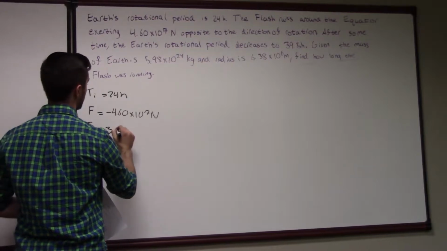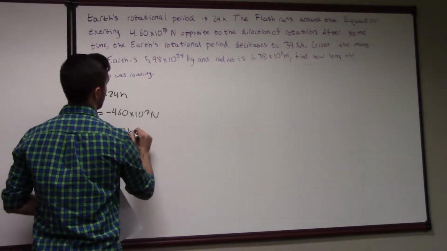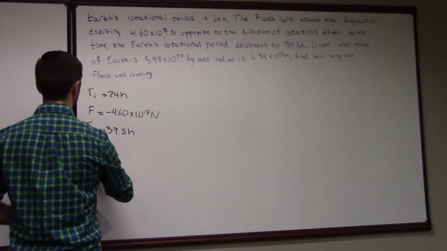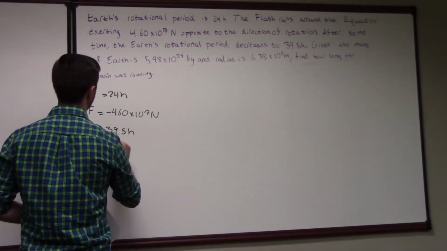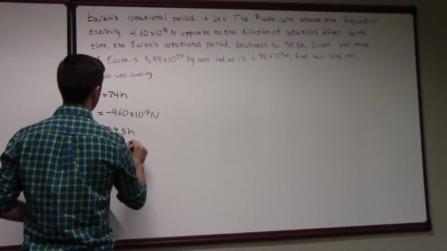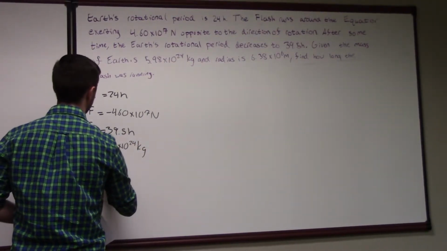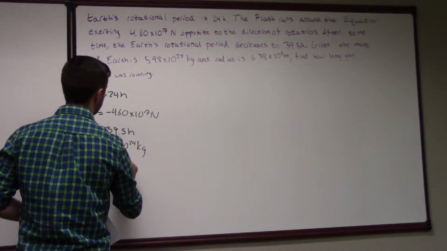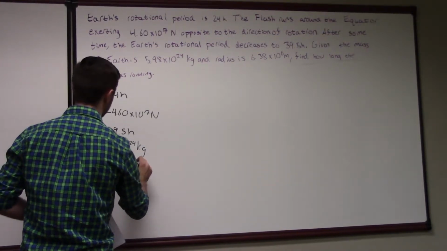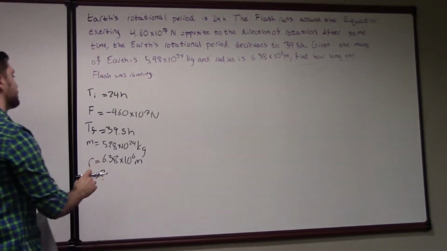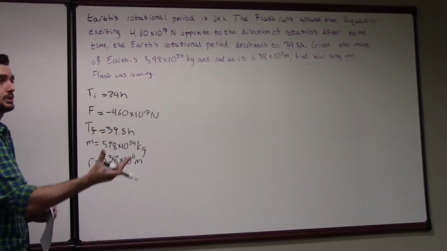It's equal to 39.5 hours. Okay, now we're also given that the mass of the Earth is equal to 5.98 times 10 to the 24th kilograms, and the radius is equal to 6.38 times 10 to the 6th meters. And what we want to find is the time for the periods to shift.